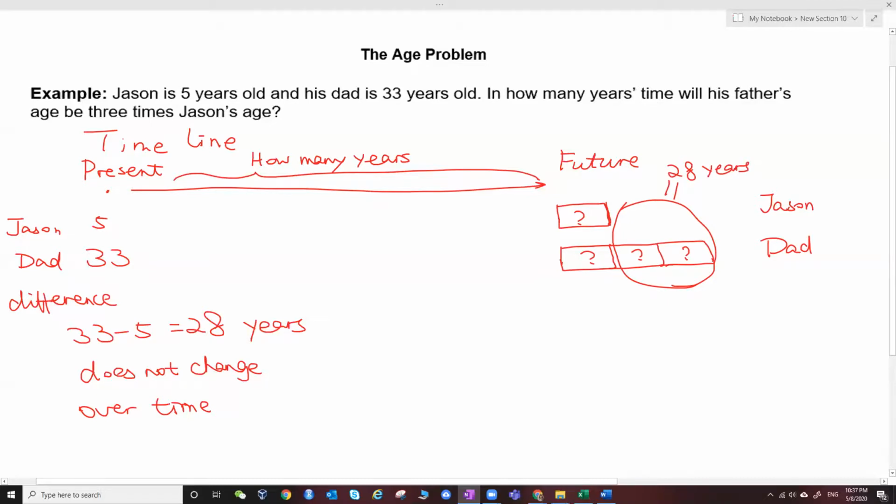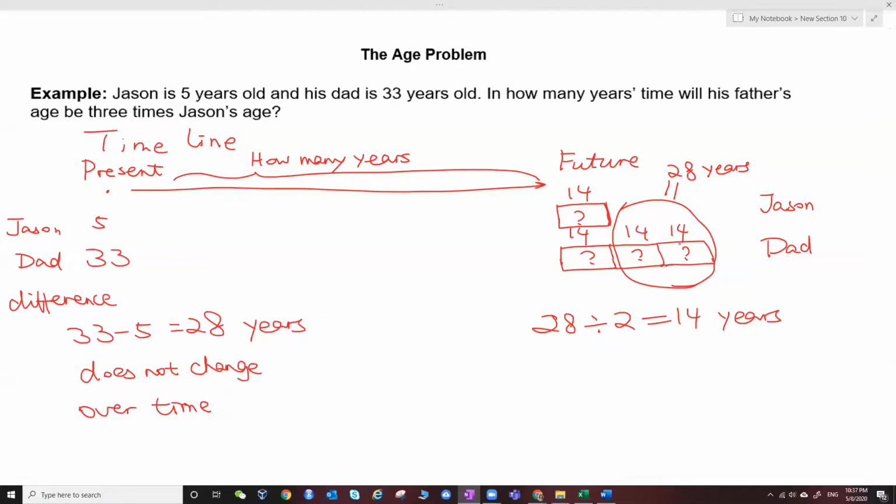And that model becomes simple for us, because now we can just use 28 divided by 2, and that's going to be 14 years. For each of these blocks, we can write 14, 14, 14, and 14.